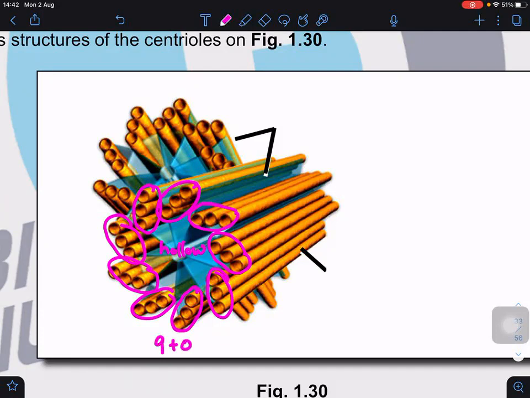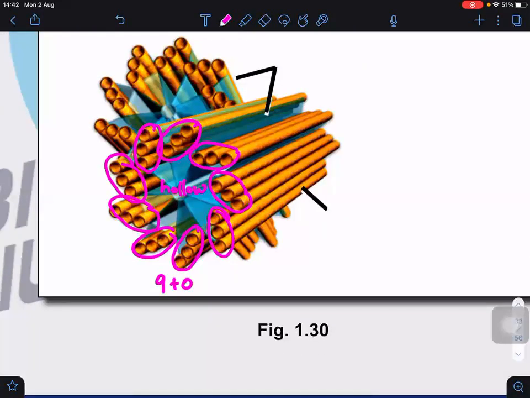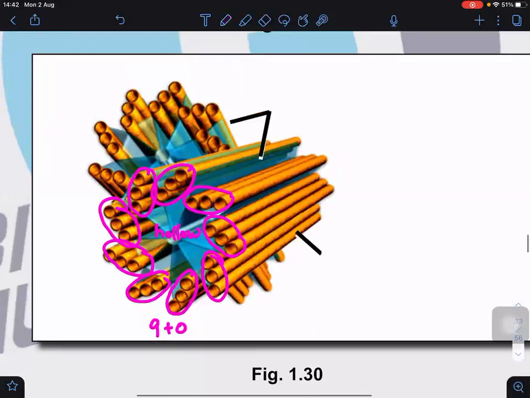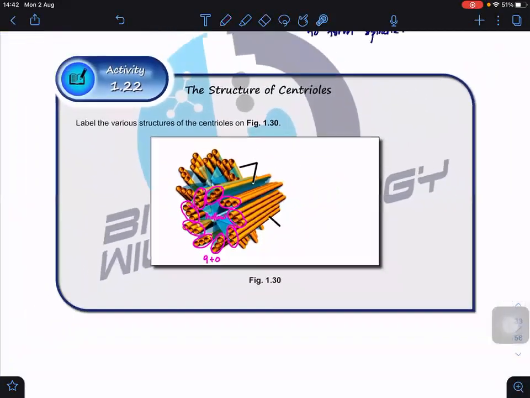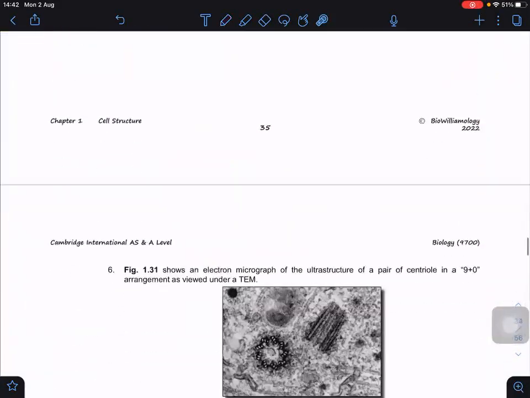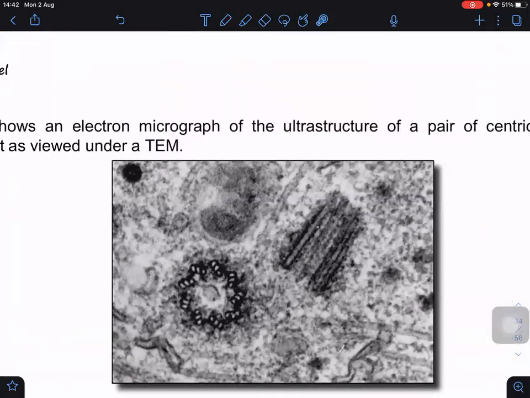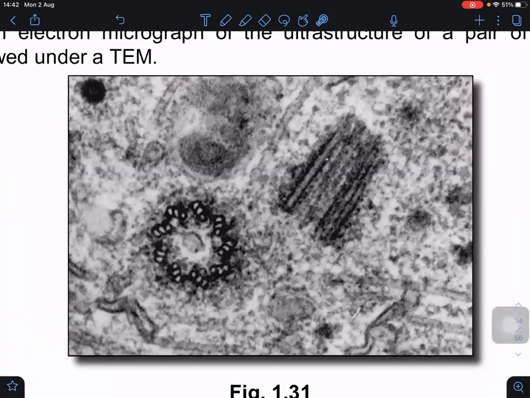Okay, 9 plus 0. So what does 9 refer to? 9 refers to the triplets, and this forms one centriole. Then we have another centriole. Can you see that they are perpendicular? So how do we identify them later? In the electron micrograph, you can see that because they are perpendicular to each other. If you look at this diagram again, we have 1, 2, 3, 4, 5, 6, 7, 8, 9. This is what we call the transverse section, round shape.